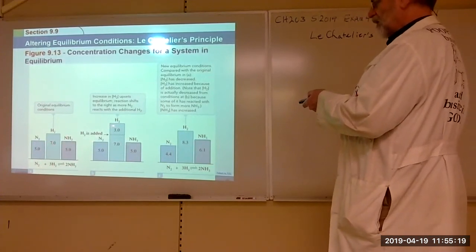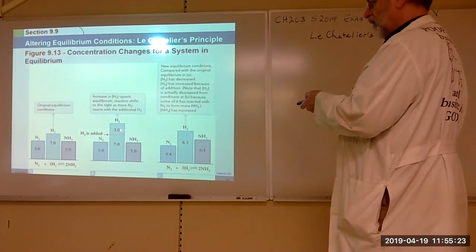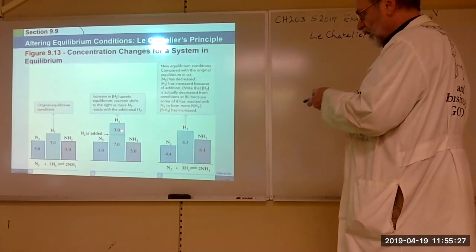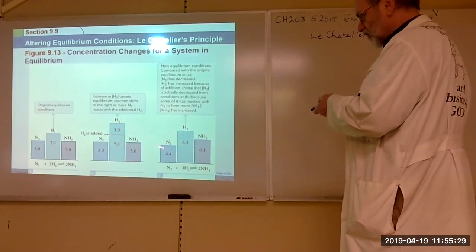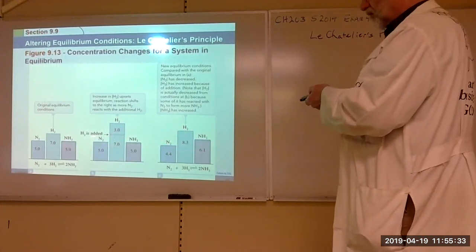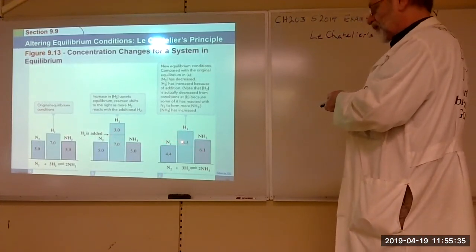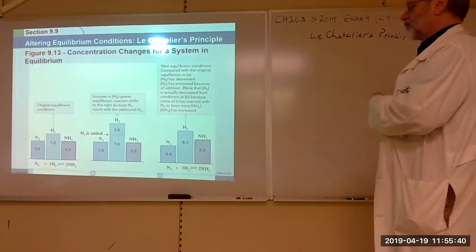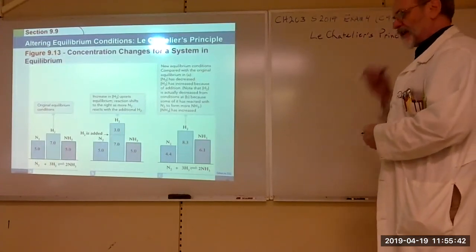Then if you add hydrogen, some of the hydrogen is going to be consumed, some of the nitrogen is going to be consumed, so this one drops from that position and this one drops from that position and this one goes up. These positions are different, right? But the equilibrium constant value stays the same.